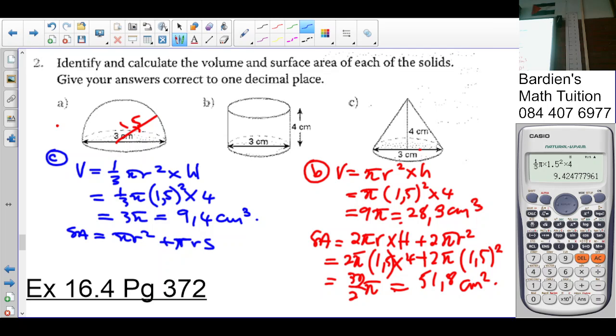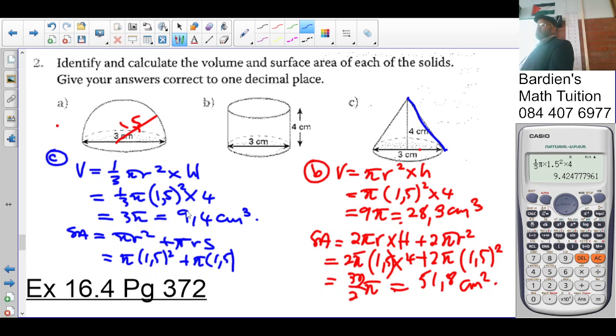Okay. So if you look at the shape here, you got your r, so it's pi 1.5 squared plus pi r, which is 1.5, but the slanted height is not known to us. Not so? So we know that's going to stay at 90 degrees, so we can apply Pythagoras to calculate the slanted height.